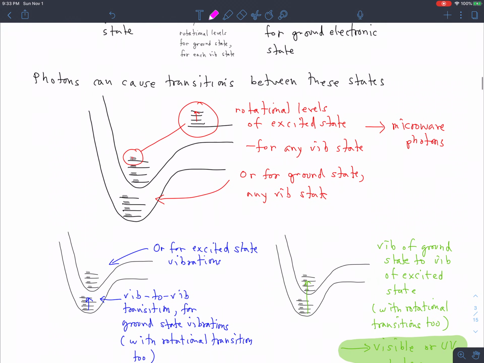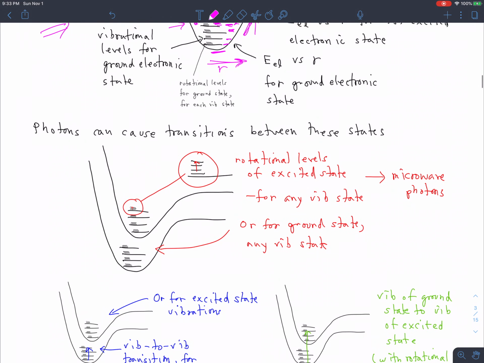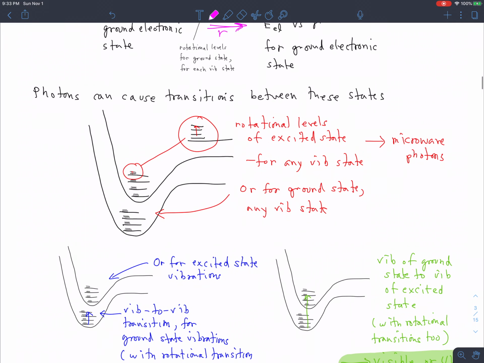And let's see, you can make transitions between these things, right? So if I send in light of the right energy, you can get a transition between two rotational levels. That basically means that you will make the molecule spin faster by putting in some electromagnetic energy from outside.